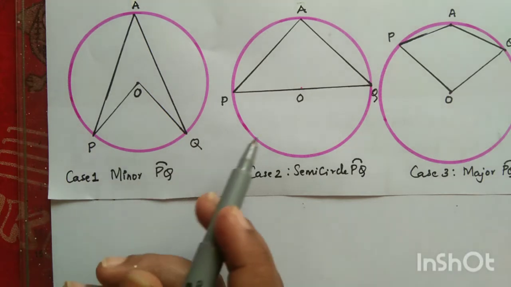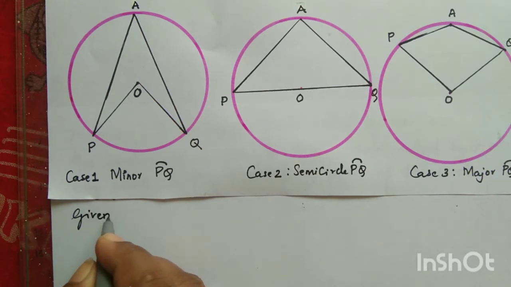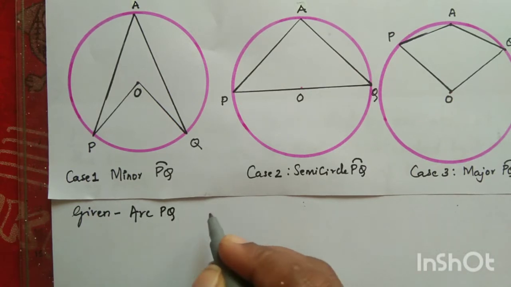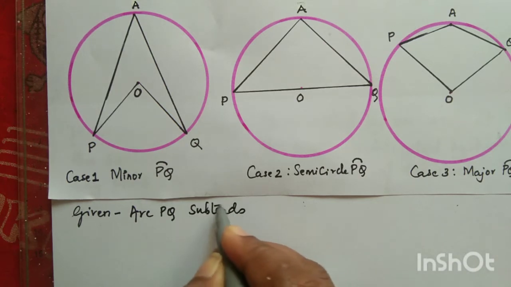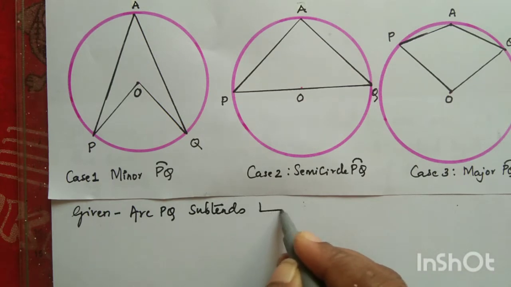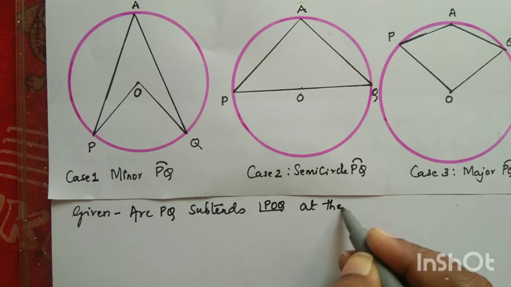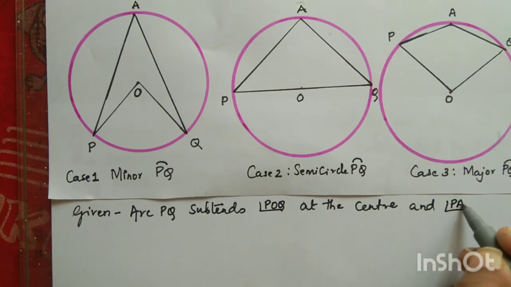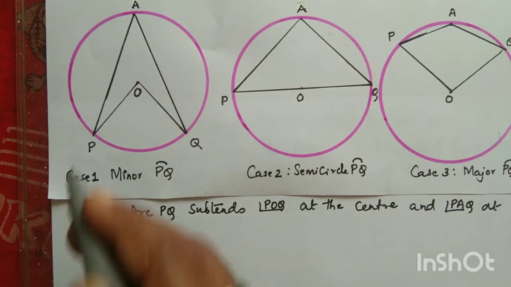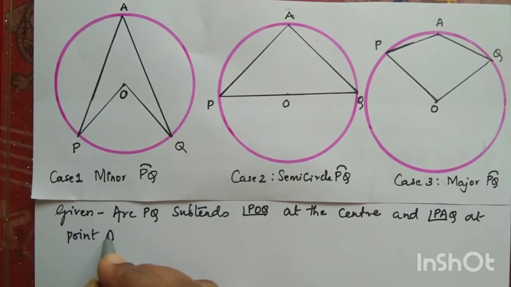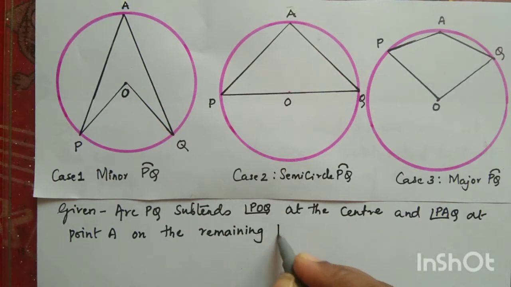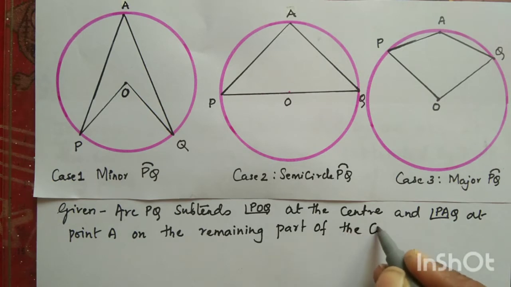First, we will write down what is given in the figure. Given is an arc PQ that subtends angle POQ at the center, and angle PAQ at point A, that is this point, at point A on the remaining part of the circle.